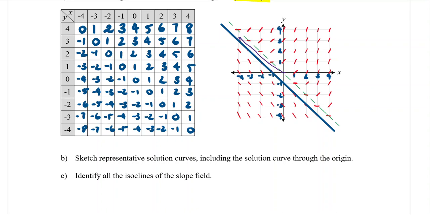As you go to the right, look how steep those gradients are getting. They're getting steeper, steeper, steeper. So this one's going to be going quite quickly up this direction. Okay, so that's the kind of curve we're talking about.